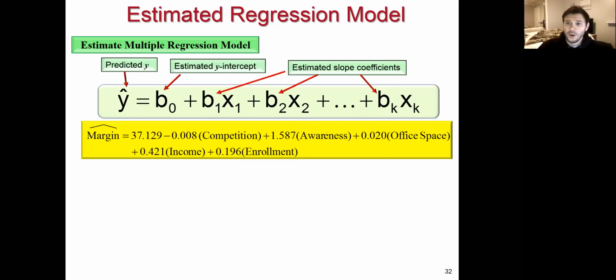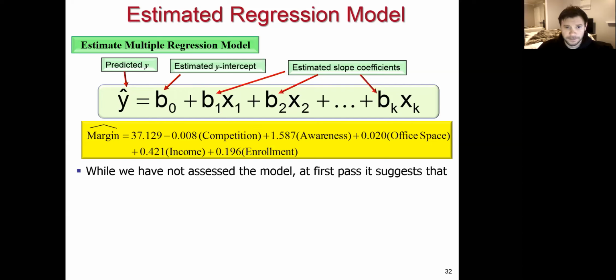Okay, now we've not really assessed the model yet, but at first pass, we can look carefully at these coefficients, and it's going to suggest the following. You'll notice some variables have positive values in front of them, meaning there's a positive relationship between that variable and the operating margin on the left-hand side of the equation.